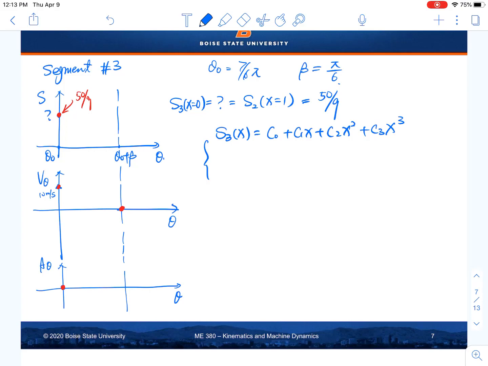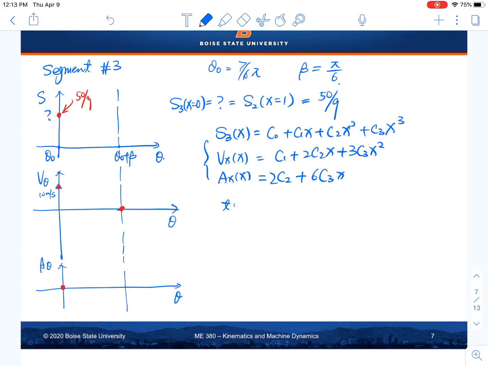Same thing, you have your V x, and you have your A x. V x equals C1 plus 2 C2 x plus 3 C3 x squared, and A x equals C2 plus 6 C3 x. So that's all the equations, the polynomial you have in the x domain. You want to find all the coefficients, but all the boundary conditions are in time domain.